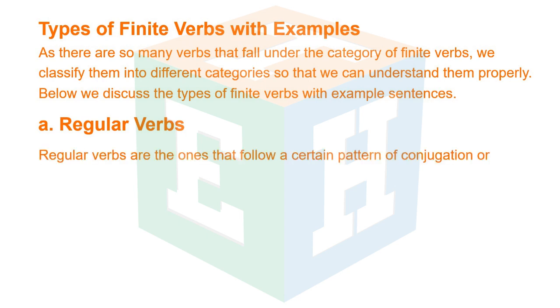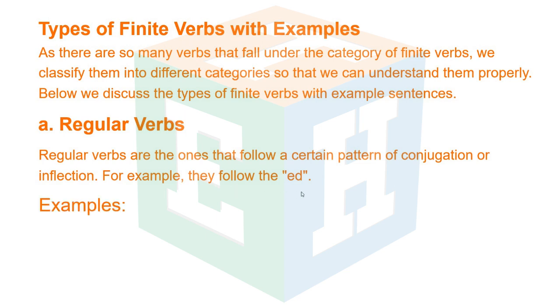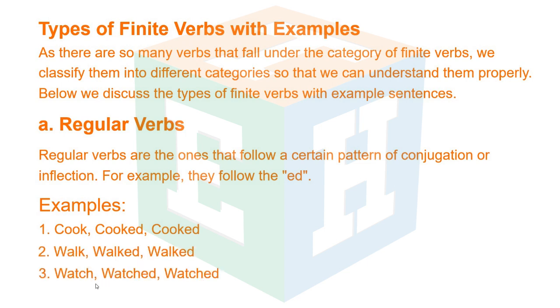Regular verbs are the ones that follow a certain pattern of conjugation or inflection. For example, they follow the ed. Examples: cook, cooked, cooked. Walk, walked, walked. Watch, watched, watched.